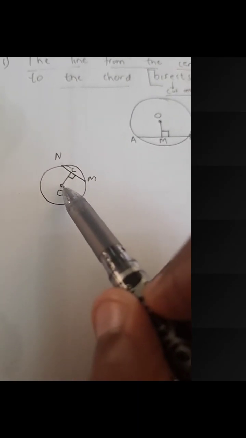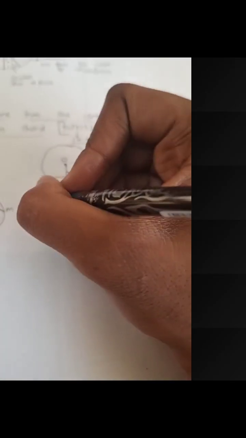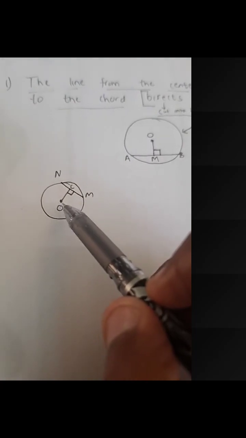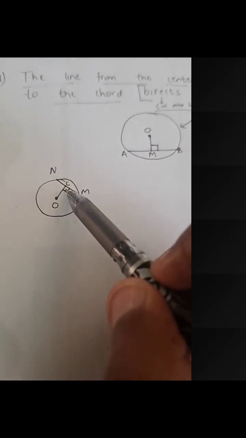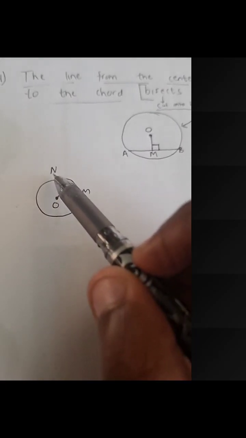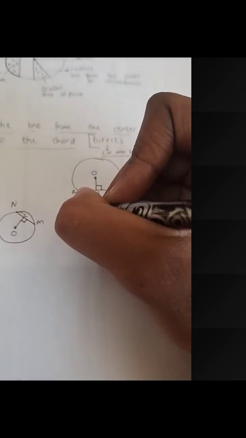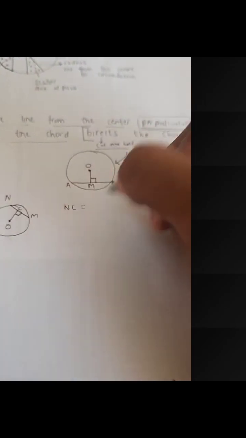So that means what? If OC is perpendicular to NM, this being a line from the center perpendicular to the chord, what do we know about the line NM? We can conclude that NC is equal to CM.